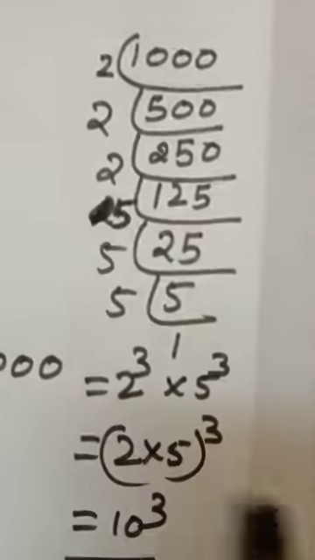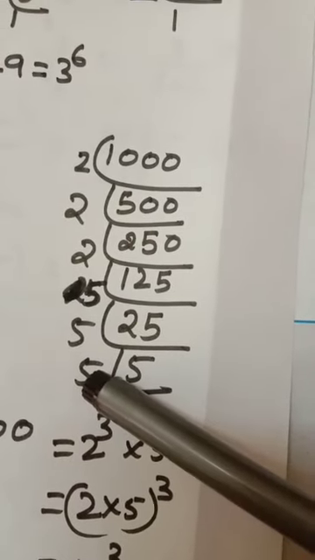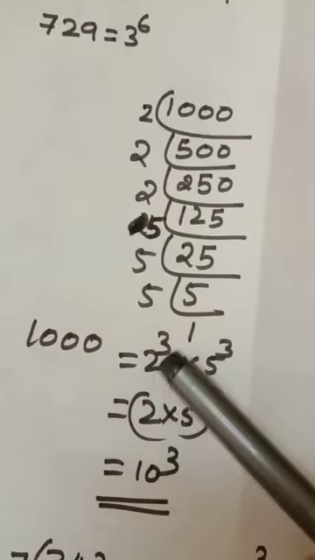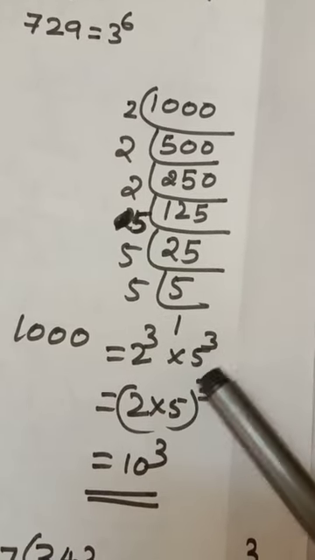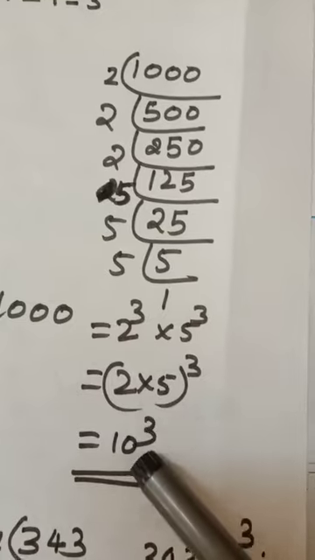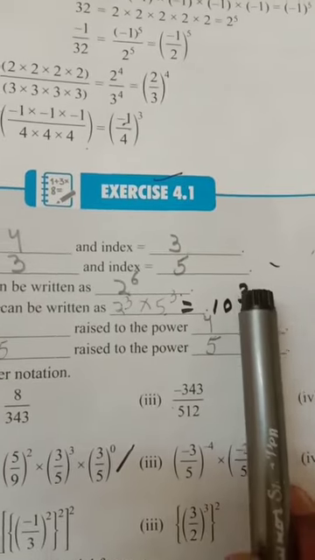Like that, 1000 also: 3 2's and 3 5's, so 2 raised to 3 into 5 raised to 3. The power is the same, so you combine the power and multiply the base. Okay, children. See here, 64 is 2 raised to 6, 1000 is 10 raised to 3.